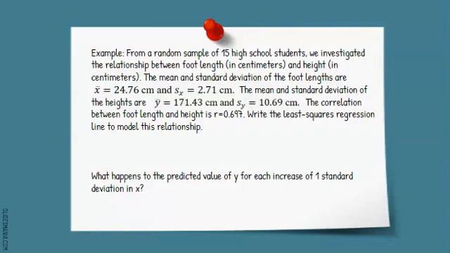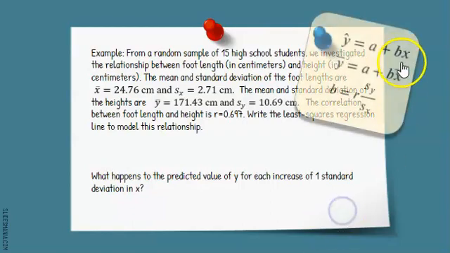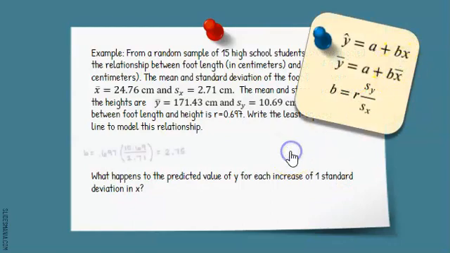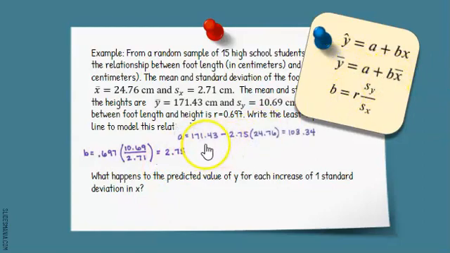Okay, so they've given us the summary statistics, and we're going to use those formulas on our chart. Here they are. The first thing I do is find b, because I know r, I know s of y and s of x. So I plug in the values they gave me, and I get a slope of 2.75. Now I'm going to use that value in the second equation to solve for a.